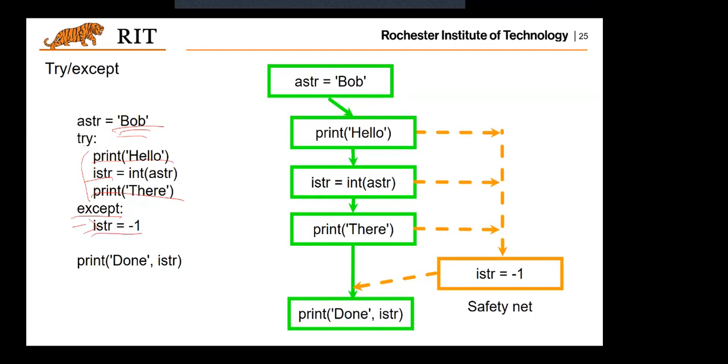That is, you set a number to this variable, and then print down here. Right, that's the whole procedure here. In this case, because this variable is assigned to be Bob, this line of code will have trouble. It will run the except, and it turns out that will not crash the program.